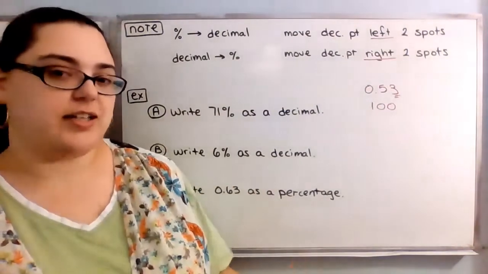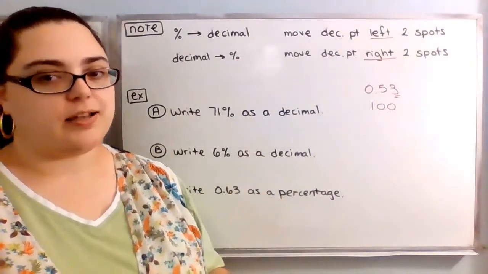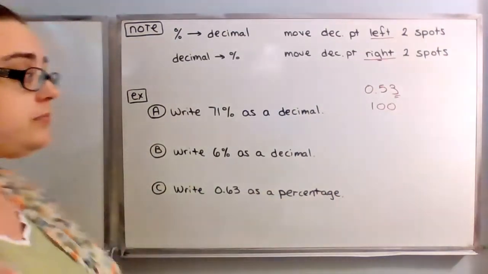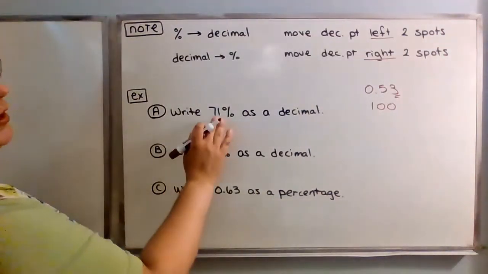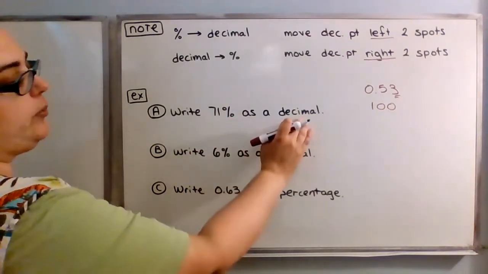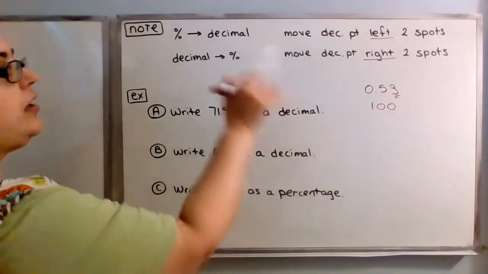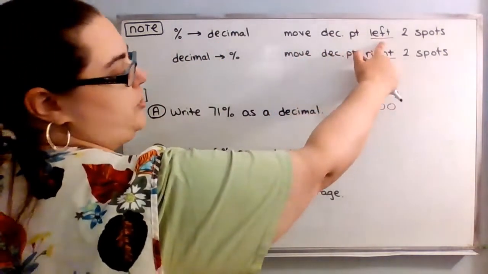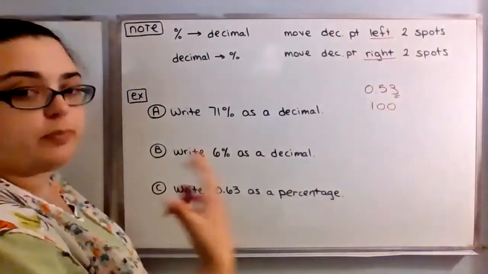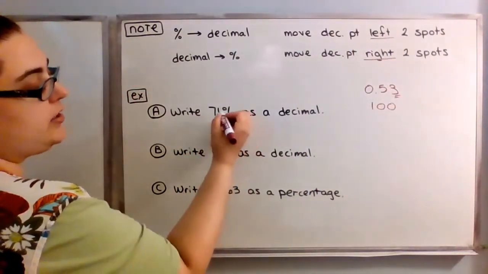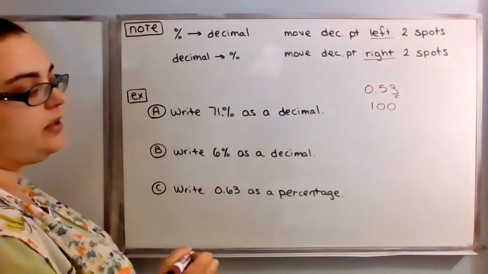Let's use this technique to work through these examples and see if we get the same answers we got before. For part A, we want to write 71% as a decimal. We're starting out as a percent and we want to go to decimal format, so we move the decimal point left 2 places. Remember, when you have a whole number and there's no decimal point written, it's all the way on the right-hand side of the number.